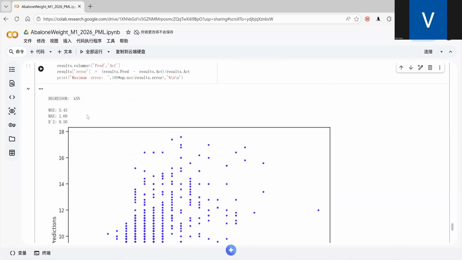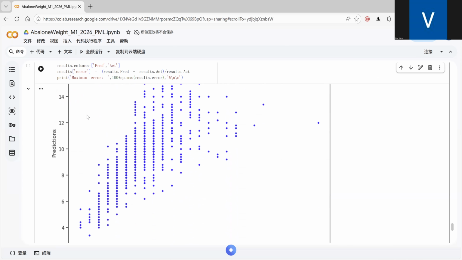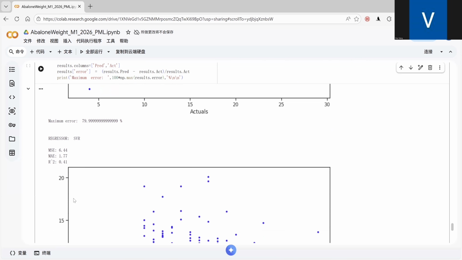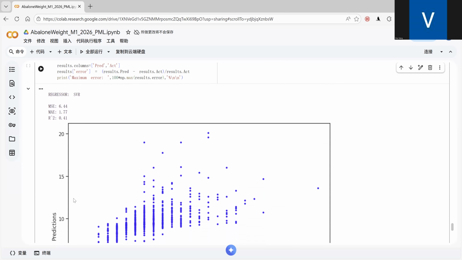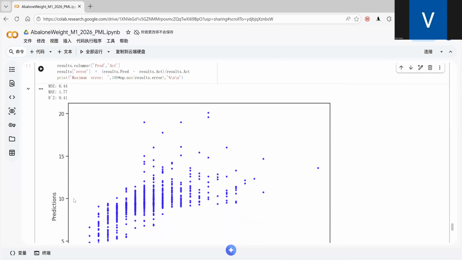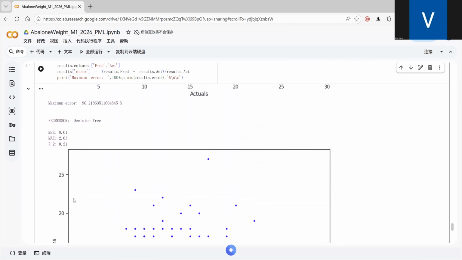This one is the KNN regressor. The R square is big, but not the biggest one. It also performs well and its error is low, about 80%. This regressor is called SVR, and also it's not so good, but okay.